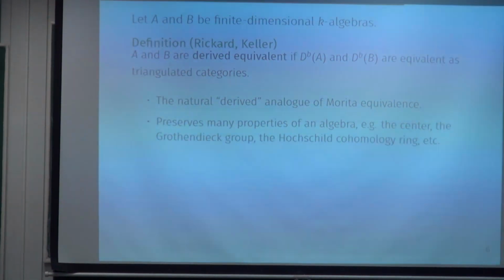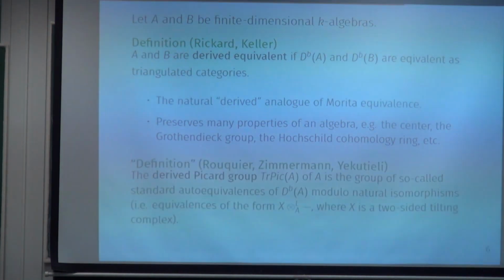It preserves many structures associated to an algebra. Also, there is a natural analog of the classical Picard group, the derived Picard group of an algebra, which is a group of so-called standard autoequivalences of D^b(A), modulo natural isomorphisms.